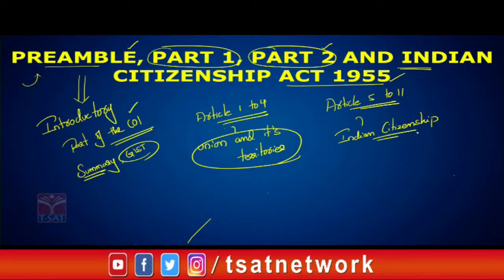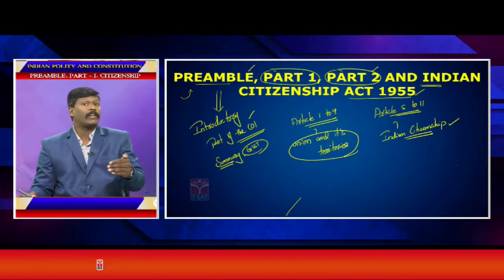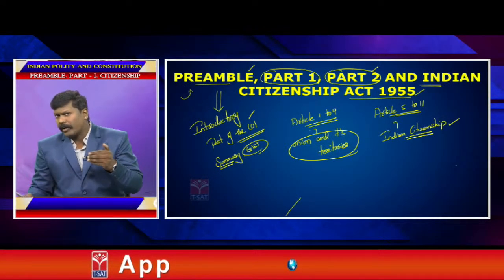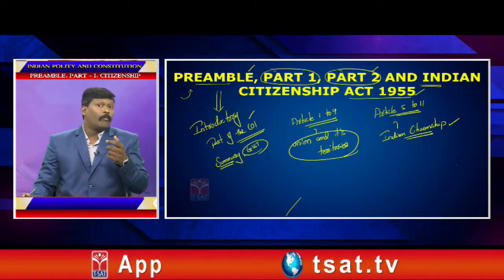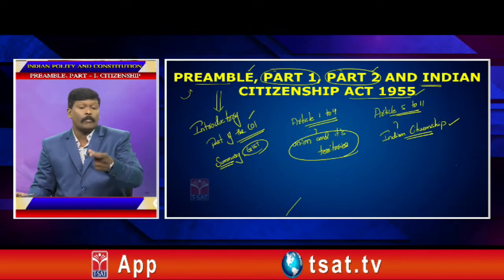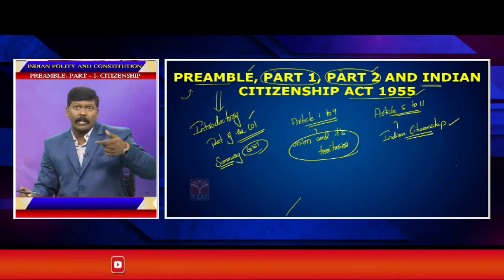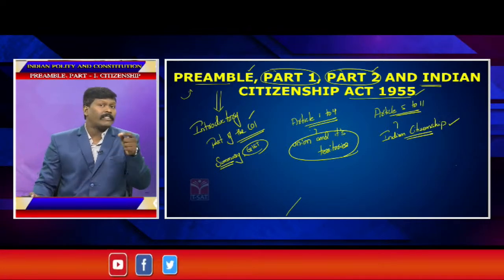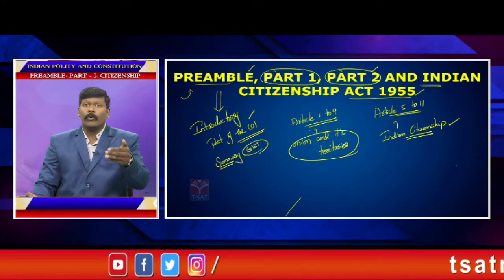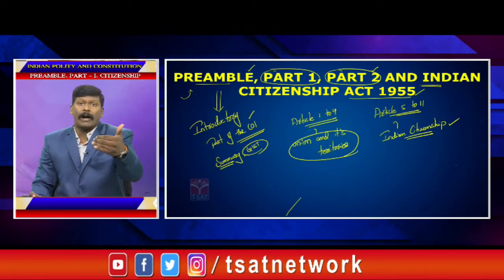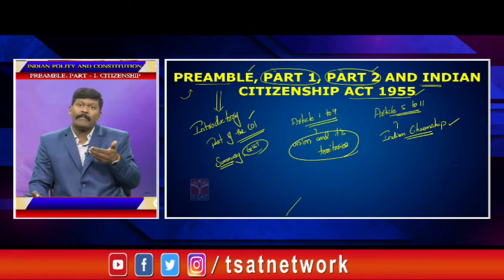Now, what is the status of a person when India got independence? What is the status of a person who migrated from Pakistan to India? What is the status of a person who migrated from India to Pakistan and then again migrated to India?